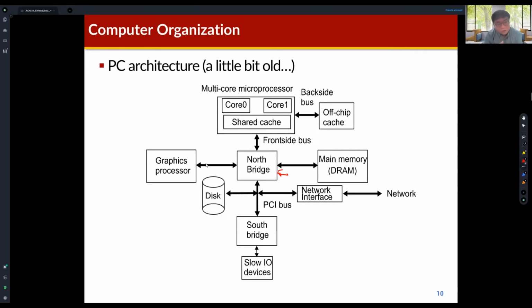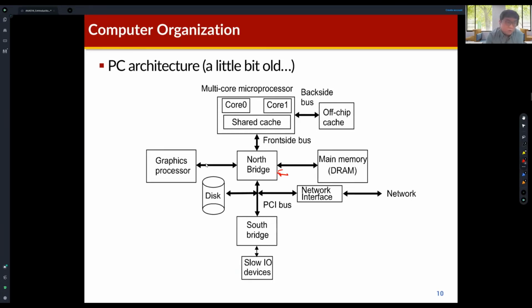The history of computer architecture is very long, and it is similar to the history of semiconductor technology. What was the first computer?